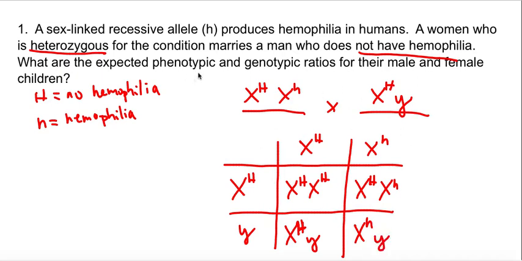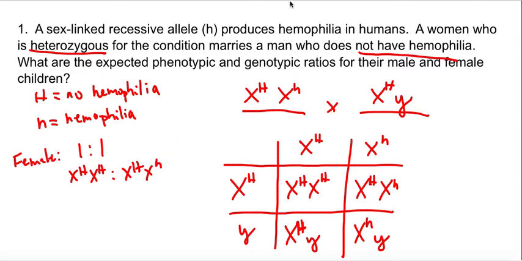So it asks, what are the genotypic and phenotypic ratios of males and females? So what we have to do now is we have to say female. And I would say the genotypic ratio is 1 to 1, X big H, X big H, to X big H, X little h.